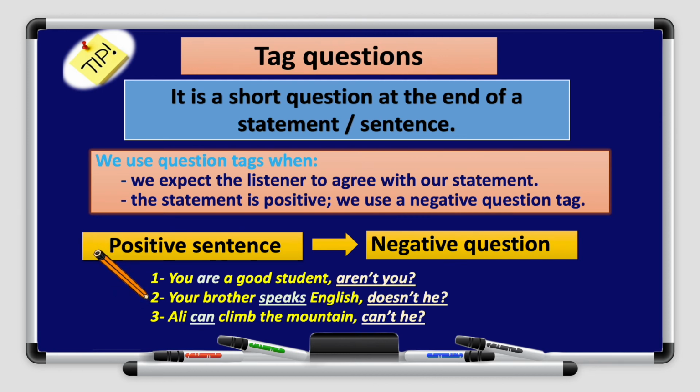Number 2, your brother speaks English, doesn't he? Number 3, Ali can climb the mountain. Here also I have a positive sentence, so I need to put a negative question.